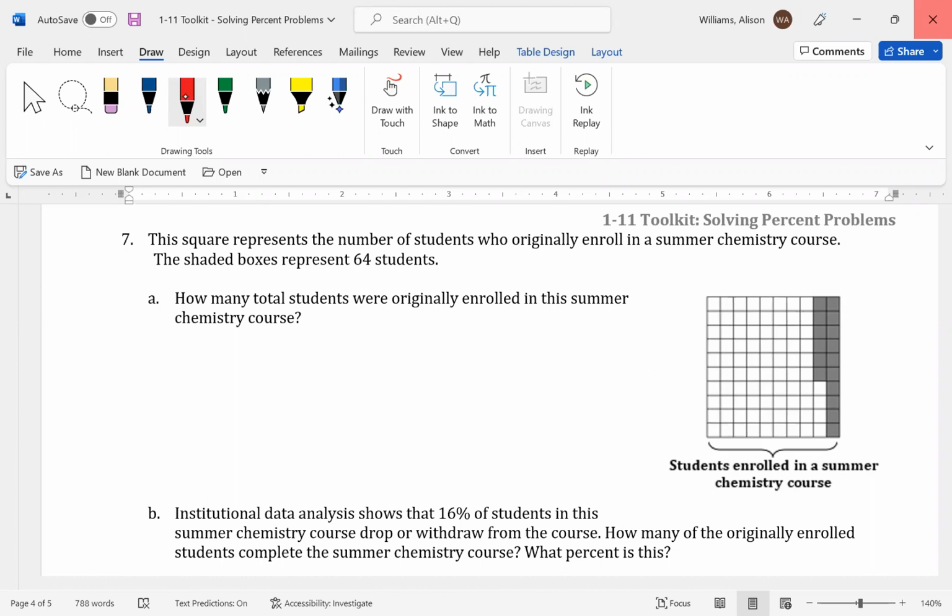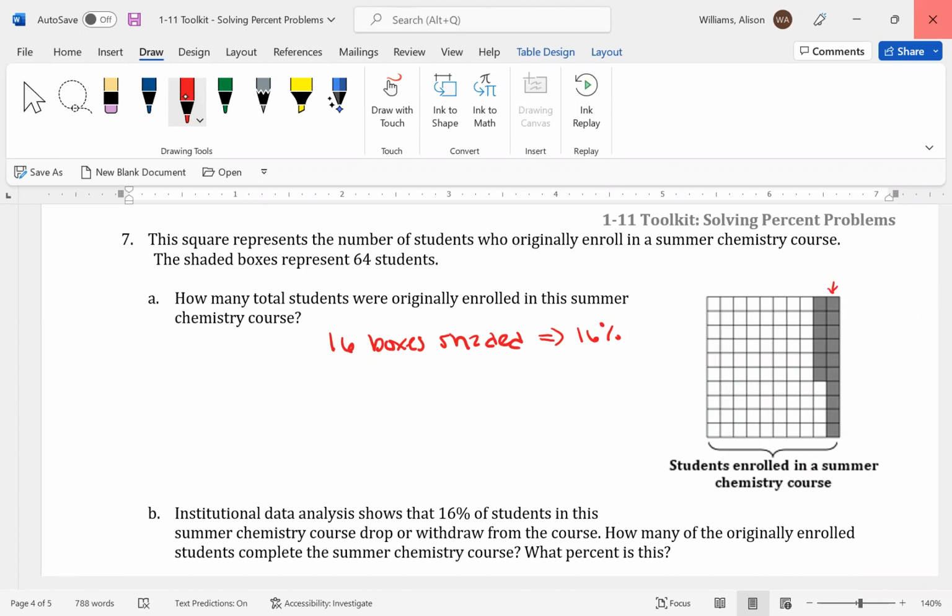So the shaded part is 64. So what percent is that 64? That's the question. If I count all of these boxes, it looks like there are 16 shaded boxes, and those 16 shaded boxes represent 16%. Now that I've determined that, since there are 16 boxes and a total of 64, each box is representing how many students?